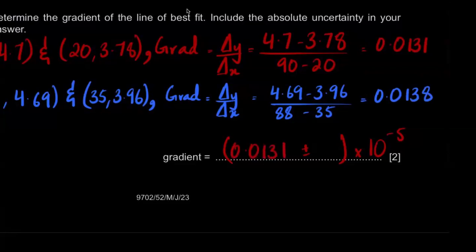So my answer would be 0.0131 plus or minus the difference between the two. So the difference between the two is 0.0007. It's up to you if you want to play by the rules and write it in exact standard form.